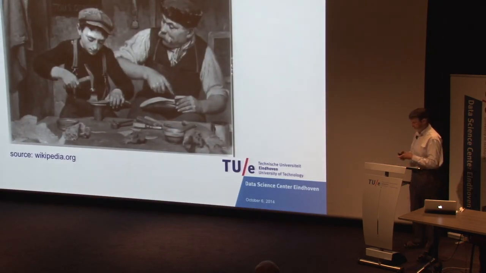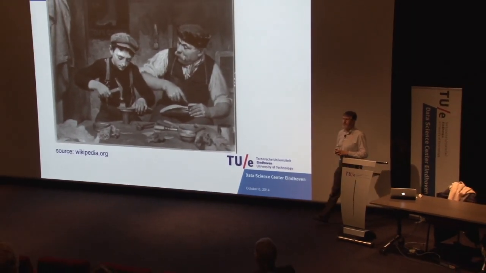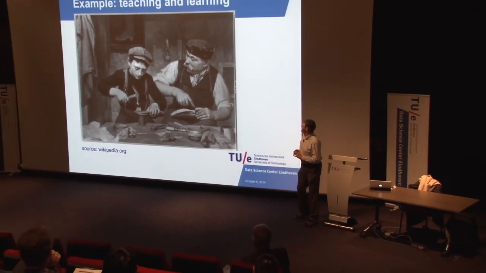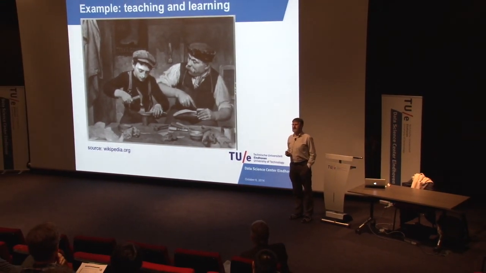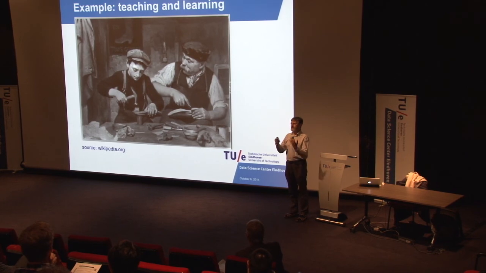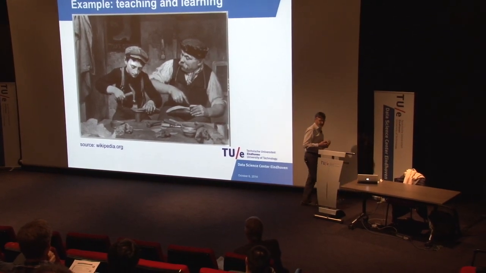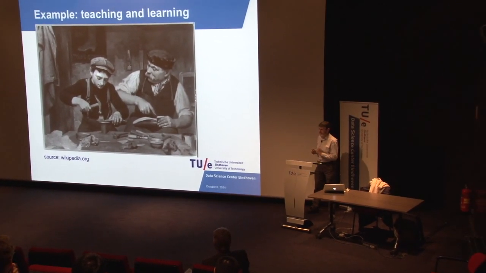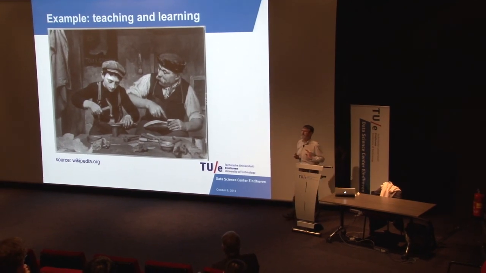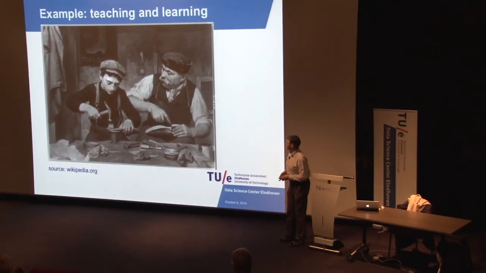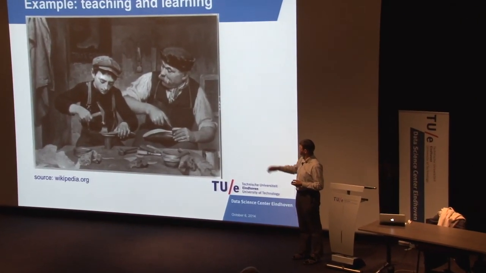All right, let's start with an example of how to do personalization. This is a typical example of one-on-one tutoring where the master is teaching something to the apprentice and the master knows all, and essentially explains a procedure to the apprentice.